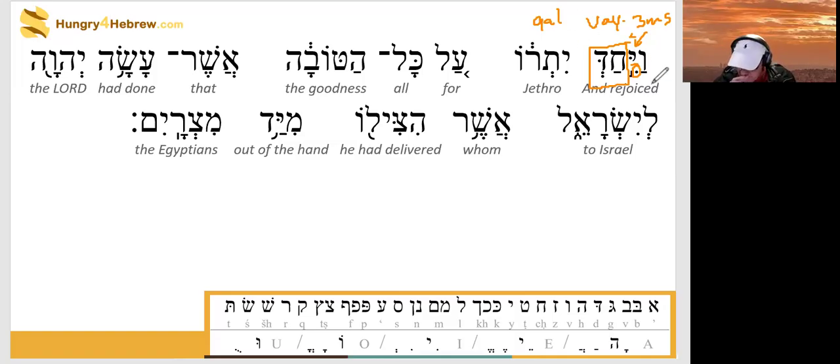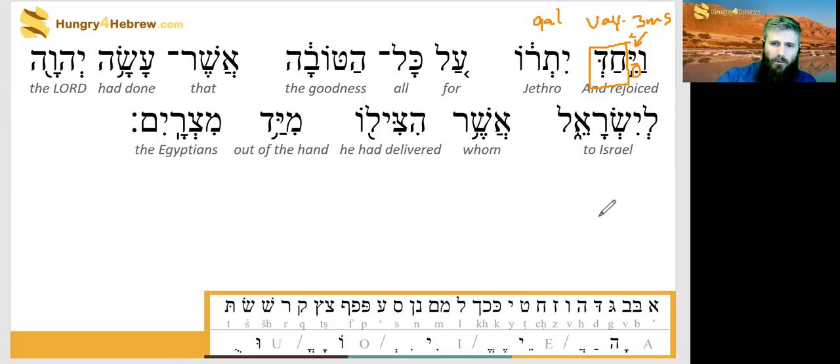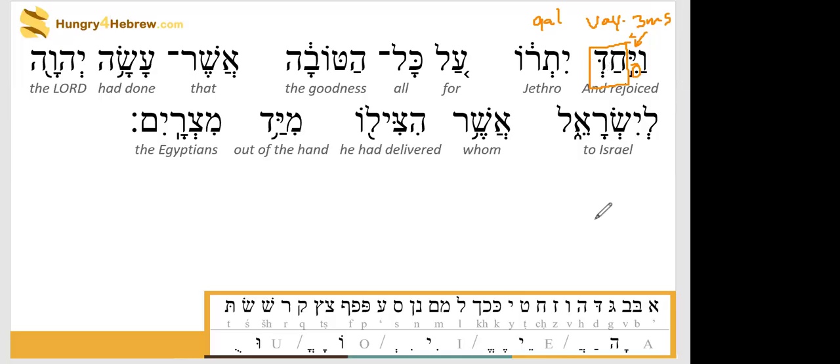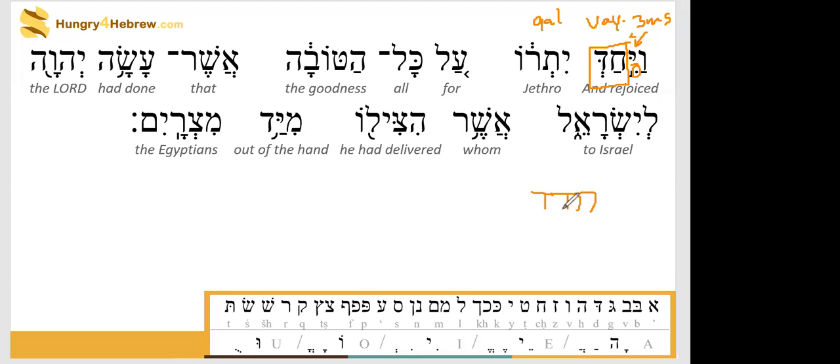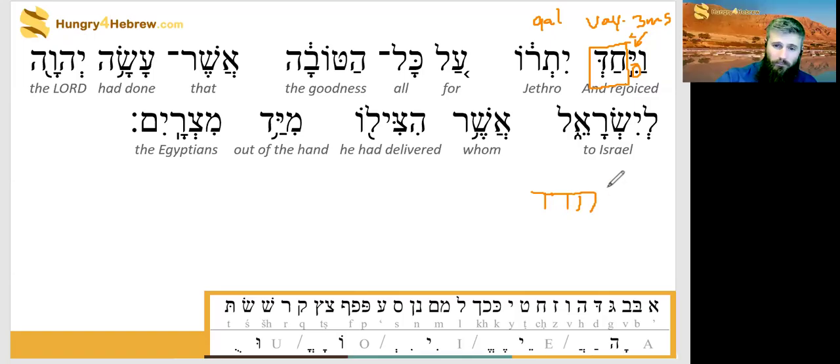All right. Now, what do we do about the root? And what's going on here? It looks super weird. Well, I looked it up in the dictionary, and at first I thought it might be chet dalet dalet. Suspicious that it wasn't, because chad or chadad is to be sharp. And I'm like, what does rejoicing have to do with chadad to be sharp?